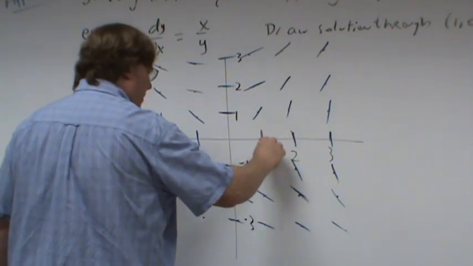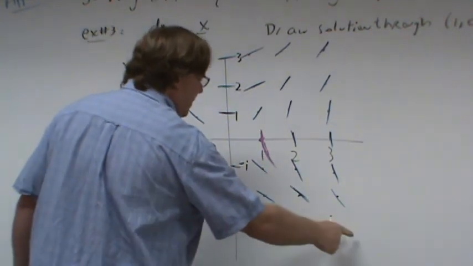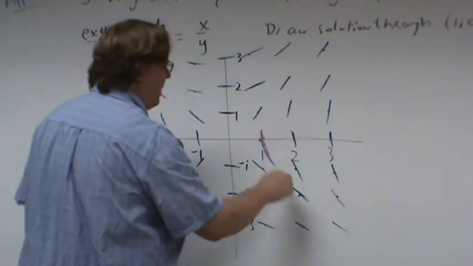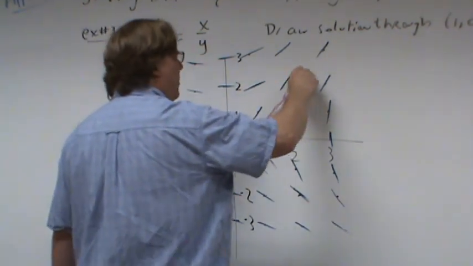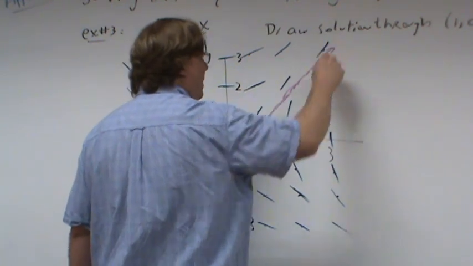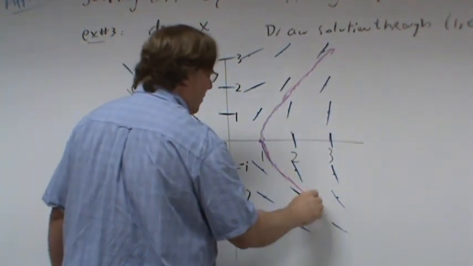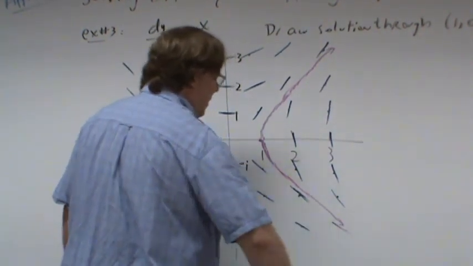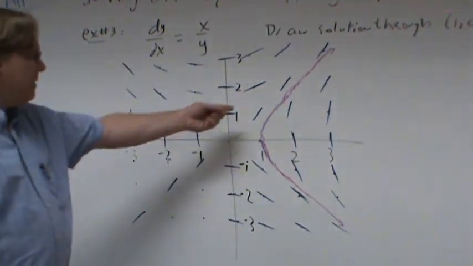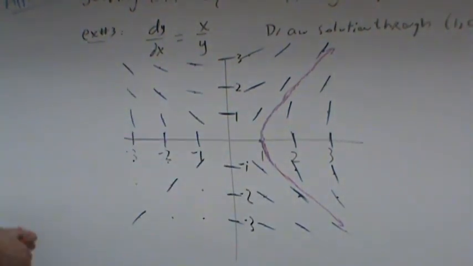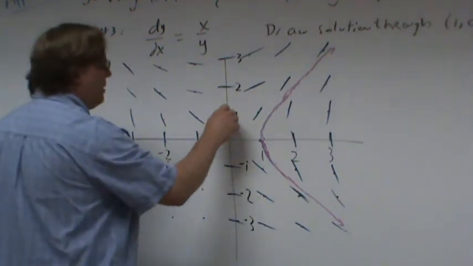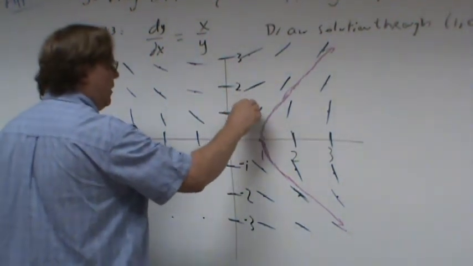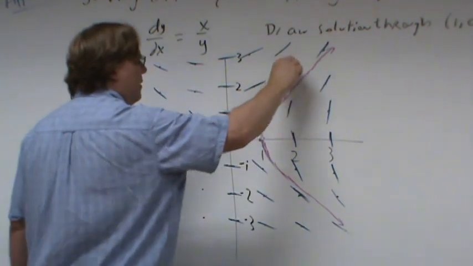Anyway, do you see how these slopes all line up like this? I need you to know that when you have slopes that line up like that and make a line, they always end up being asymptotes. So this ends up being the solution. If I'd given you the point 0, 1, then your solution would have looked like this.